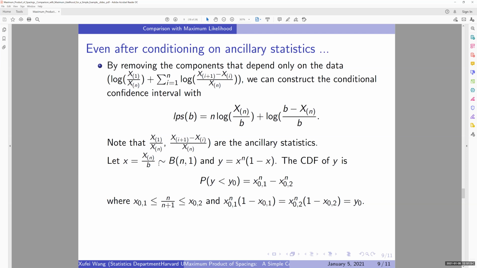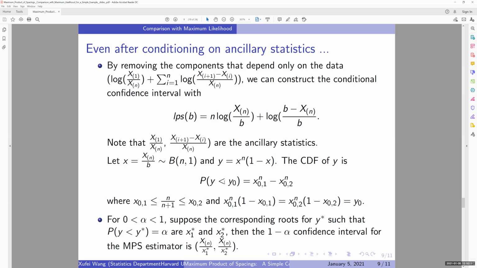We can define x as this and define y as x to the power of n times 1 minus x, which is the exponential of this log of the product of spacings, and we use the CDF of it to construct the confidence interval. The details are as follows.